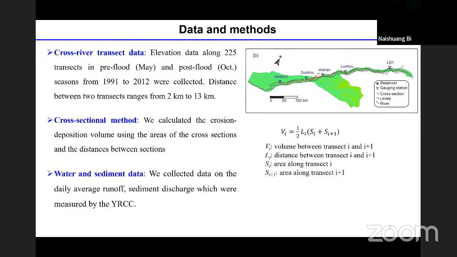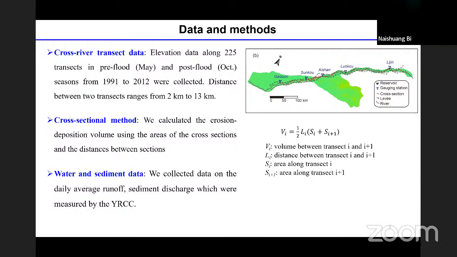This data was measured by the YRCC in each pre-flood and post-flood season. There are around 225 transects from the Xiaolangdi to Lijin stations. The distance between two transects ranges from 2 kilometers to 13 kilometers.